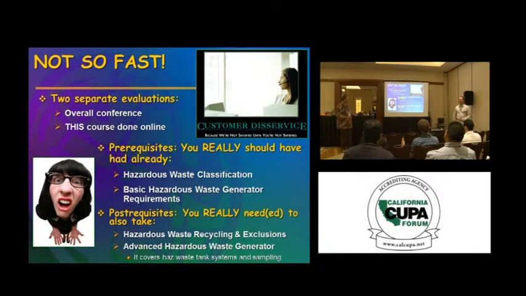We're talking about point of generation and other things. If you're relatively new to the hazardous waste field, there are going to be things in here you're not going to understand because we're not going to be covering them in depth. There are other classes here. You should have a fairly good handle on hazardous waste classification.